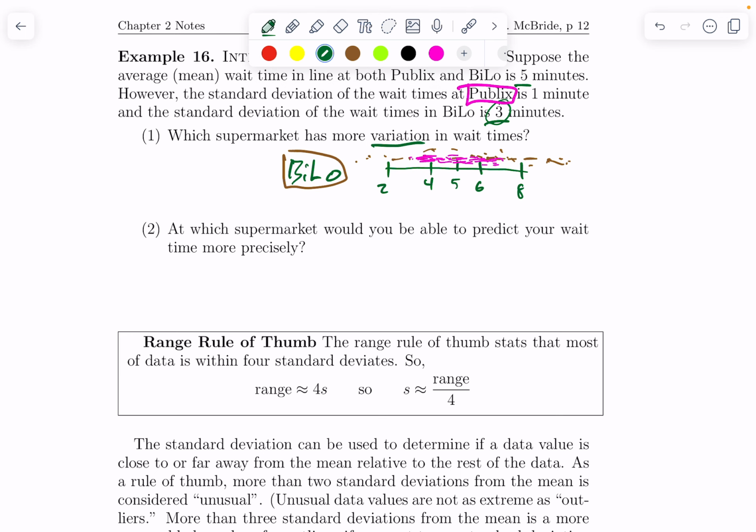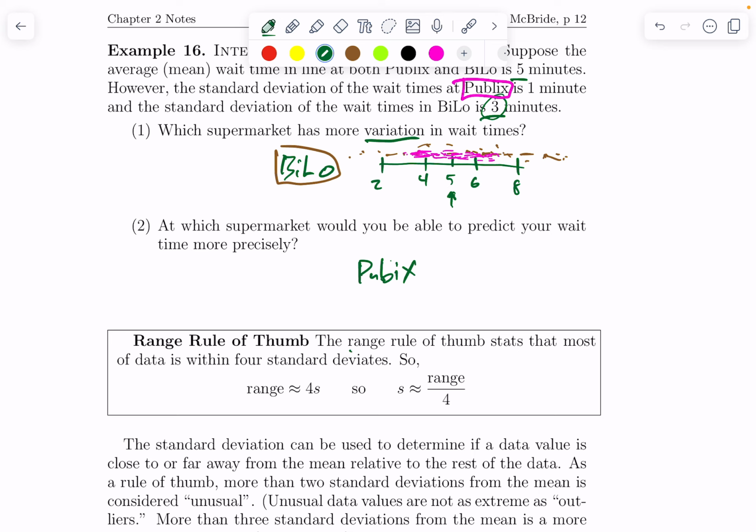All right, there's a range rule of thumb, and the range rule of thumb states that most data is within 4 standard deviations. Usually in the middle of those standard deviations is the mean.